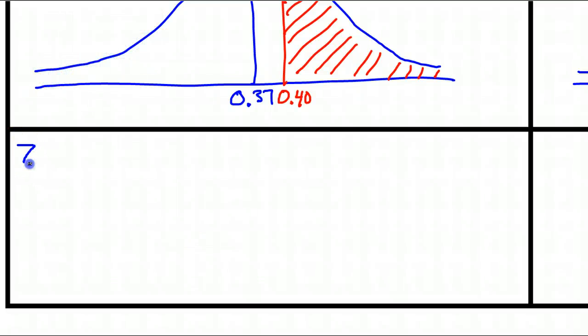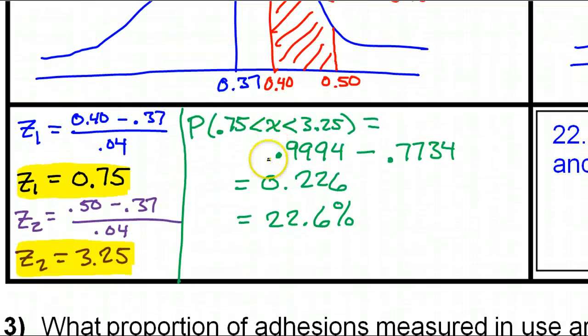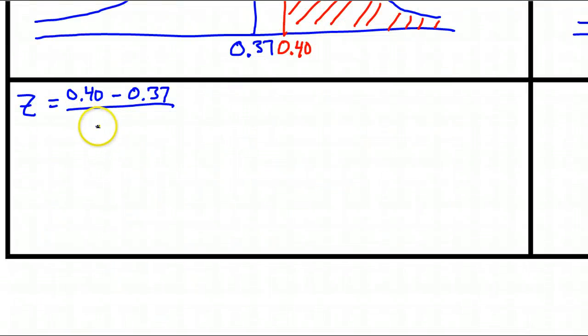And I know that z is going to equal the value, so 0.40 minus the mean, which is 0.37, divided by the standard deviation, which was 0.04. Okay, just put that in your calculator.